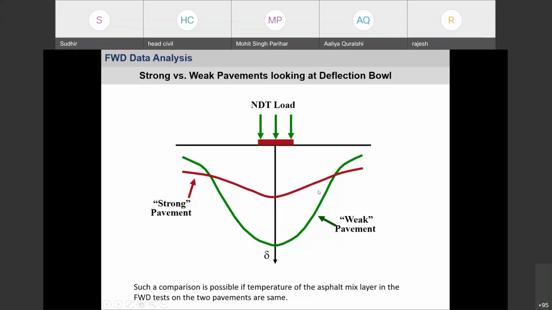But this type of comparison may not be a good approach for conducting pavement structural evaluation.